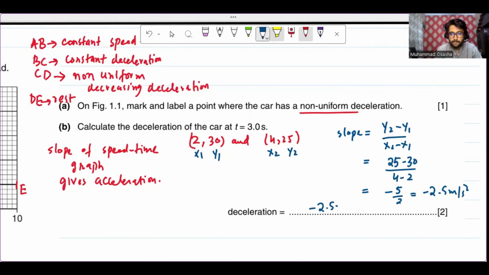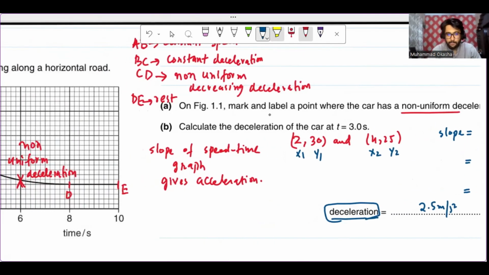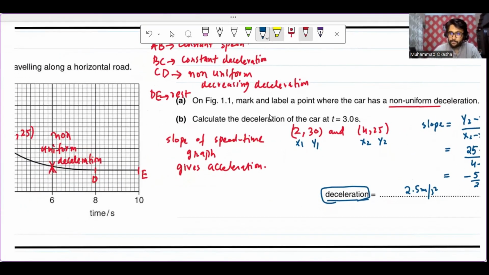Deceleration is 2.5 meters per second square. Because it already says deceleration, I don't have to put a negative, I'll just put a positive. Deceleration and negative cannot come together. It's either a negative acceleration or a deceleration. That's that. Let's move on to the next question.